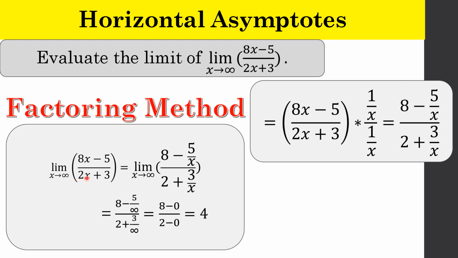Lahat ng x magiging infinity. It will result to 8 minus 5 over infinity over 2 plus 3 over infinity. So lahat ng number divided by infinity is equal to 0. So copy yung 8 minus, ito, magiging 0 siya. Ito, copy yung 2. 3 divided by infinity is 0.